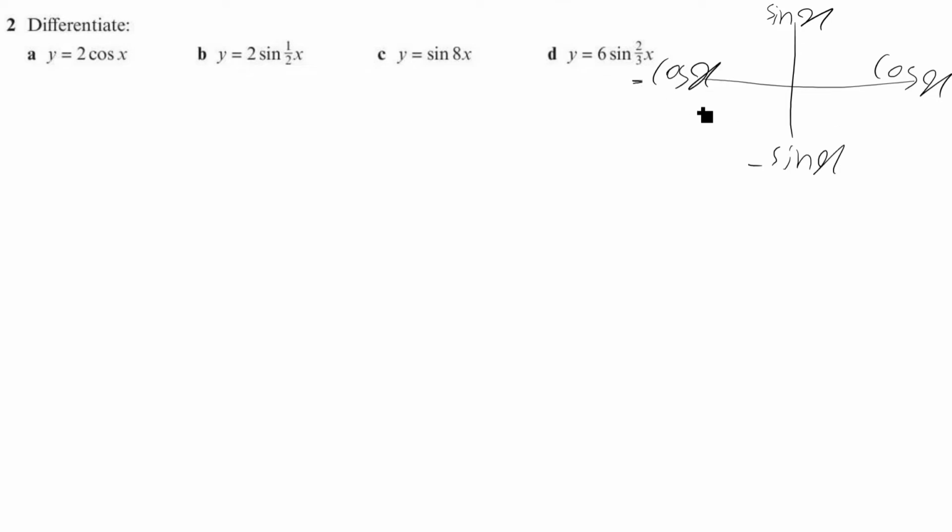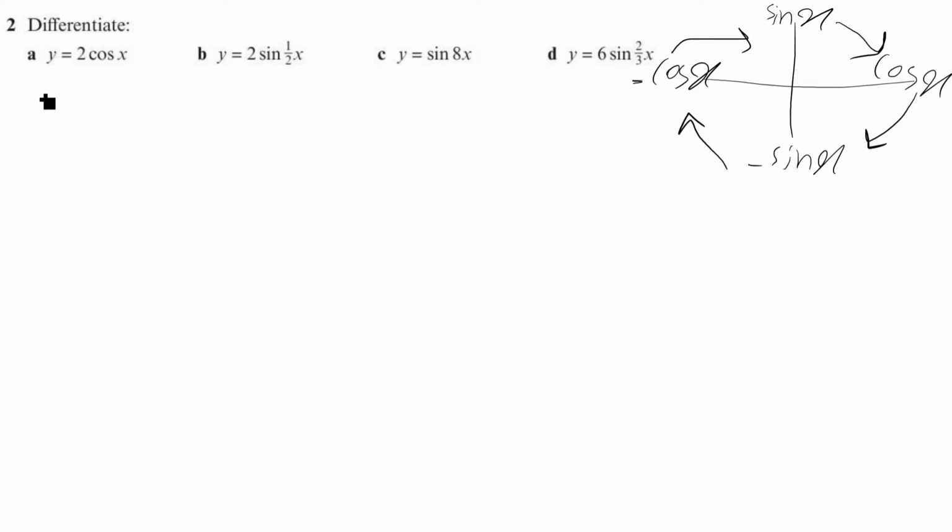And what you need to remember is that when you're differentiating, it goes clockwise. So the only thing you need to do is just remember this diagram. For example, sine x differentiates to cos x, which differentiates to minus sine x, and minus sine x differentiates to minus cos x, and minus cos x differentiates to sine x. That's all you need to remember for these types of differentiations, which are really useful to know.